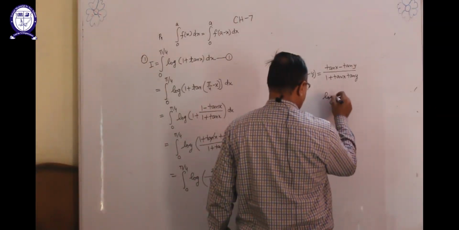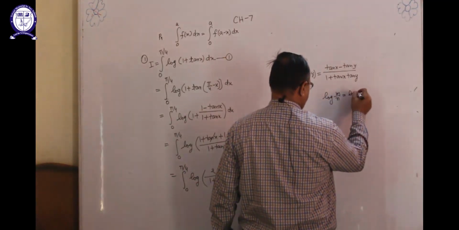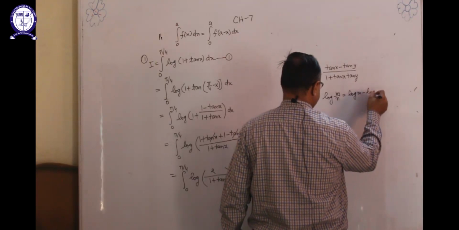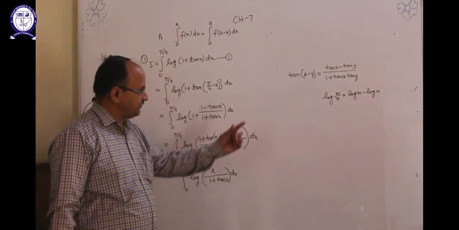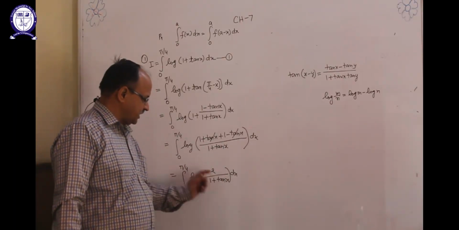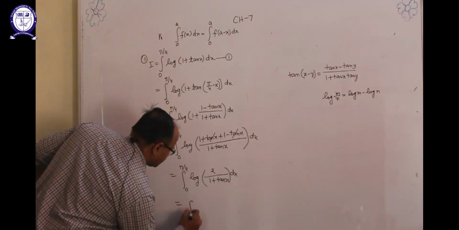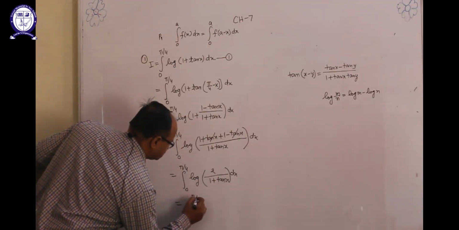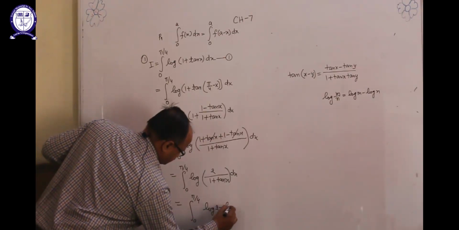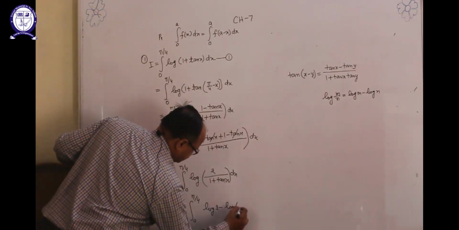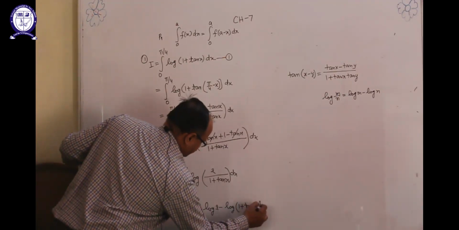This property you know: log m by n is equal to log m minus log n. You can apply that property here. According to this property, you can write integration 0 to pi by 4 of log 2 minus log of 1 plus tan x dx.